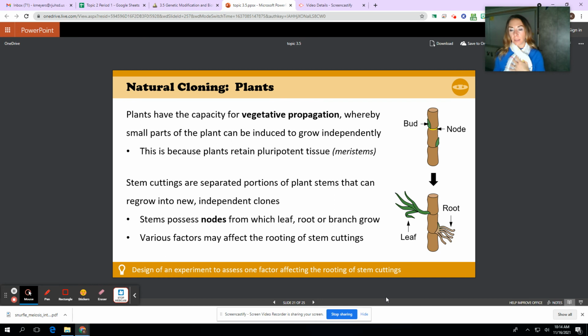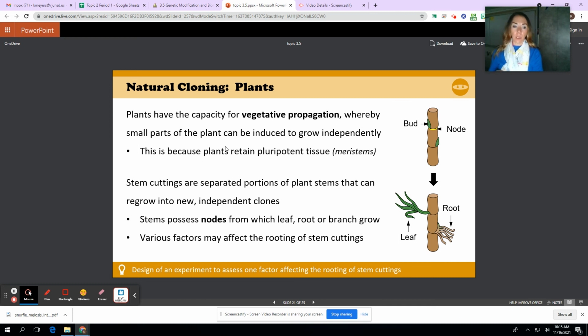Okay, so this is in animals. In plants, again, there are some things that you're probably more familiar with. What we call cloning in plants is the capacity of what's called vegetative propagation, which is where small plants can be induced to grow independently. If anyone has parents that are into gardening, they're able to actually cut off the bud and the node, and those plants retain their pluripotent tissues, the meristem, the stem cells.